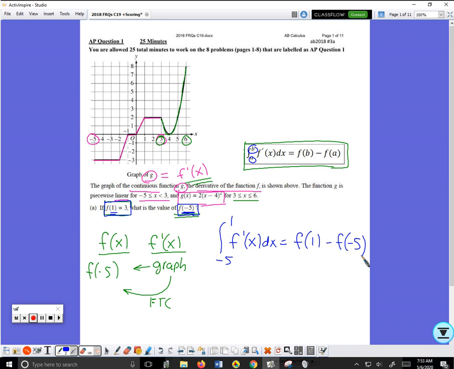Trying to find f of -5, so I rearrange. Oh, yep, that's right. So f of -5 is going to equal f of 1, subtract this integral.